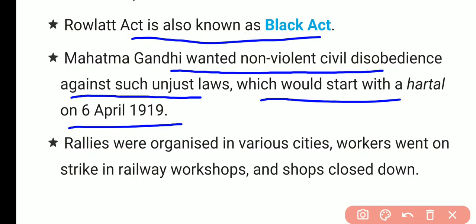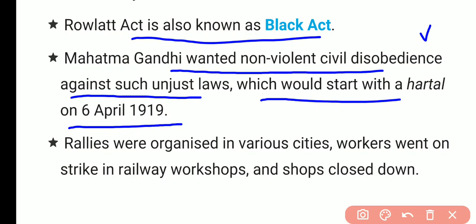So it was denying any right to any person. किसी भी person को कोई भी right नहीं दे रही थी. And that's why this law was also known as बिना अपील, बिना वकील, बिना दलील का कानून.